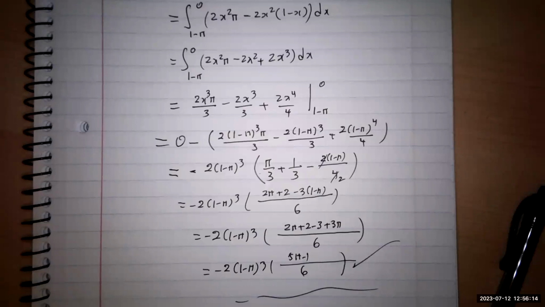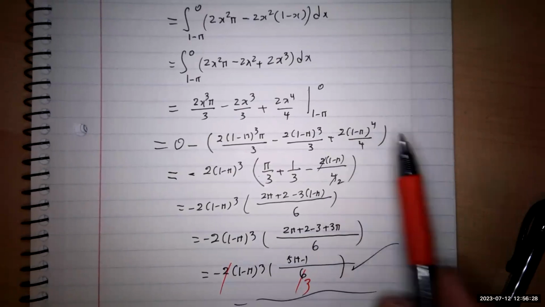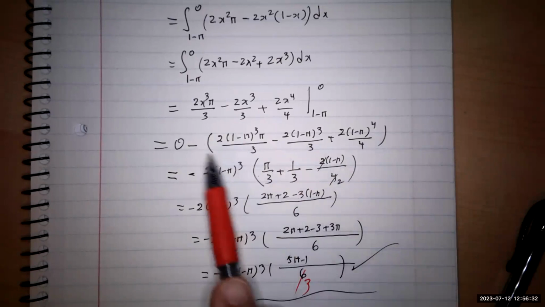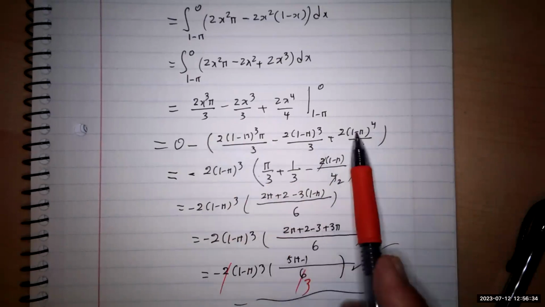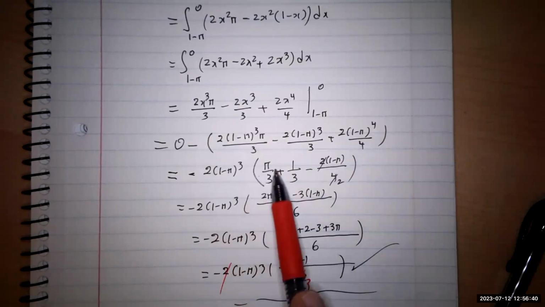Don't you think I should factor out the final part? You can simplify it. Okay, that's one. So what I did, I tried to simplify it. So that's why I pull out the, okay. Yeah, you are right. I pull out the 2, okay, 2 times 1 minus pi cubed.